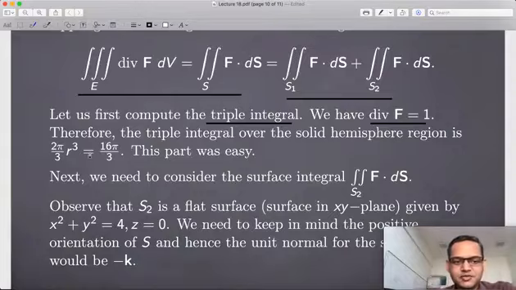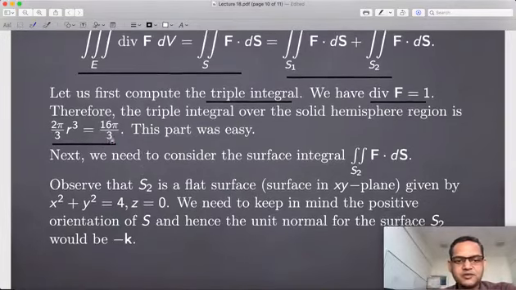The volume is 4 pi by 3 r cube, so this is just going to be 2 pi by 3 r cube, and what is r here? R is the radius. I think it was 2, and you get 16 pi over 3. So this becomes so easy, we didn't really have to do any integral.